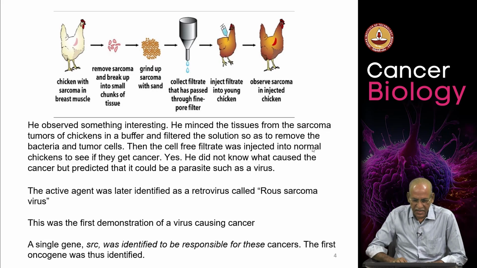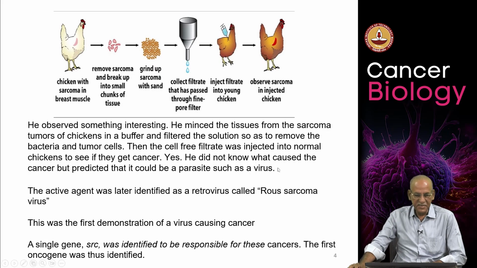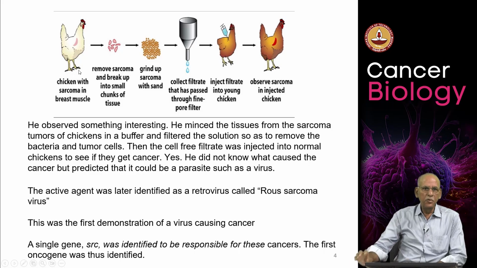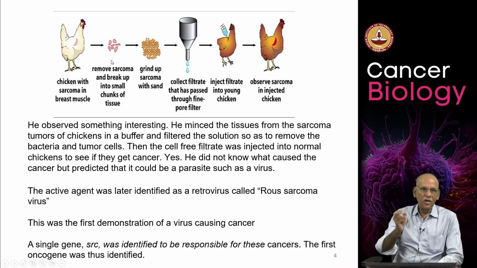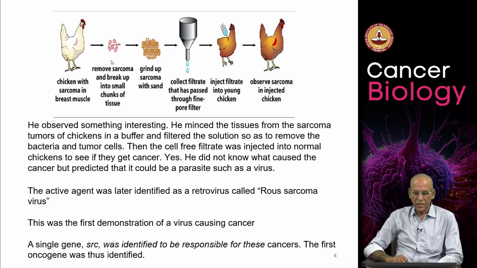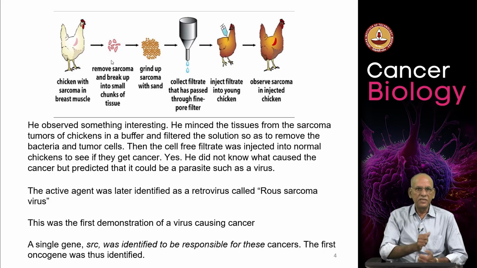So, he did a very interesting experiment, you can see that here. The chicken had sarcoma in the breast muscle. So, he removed these muscle cells and broke them into small chunks of tissue. He ground them with sand.